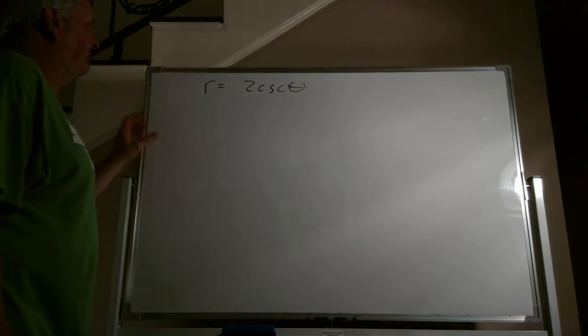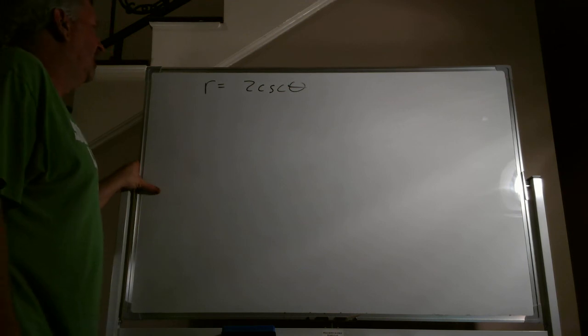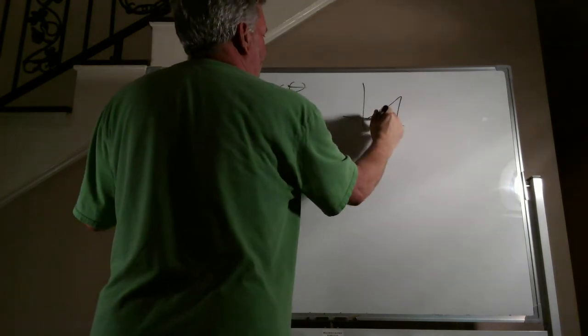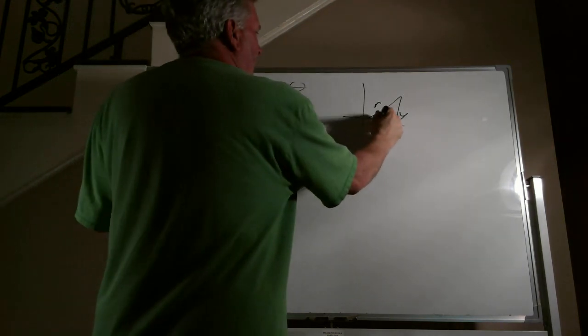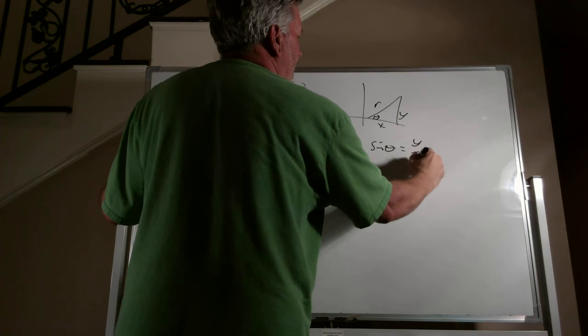Now I'm going to go ahead and convert and then sketch the graph, because we know how to do rectangular x and y coordinates. Well, instead of messing with the r, let's think about when we had our picture a little while ago with our x and our y and our r, and that was our theta. What was sine theta? Sine theta was y over r, wasn't it?